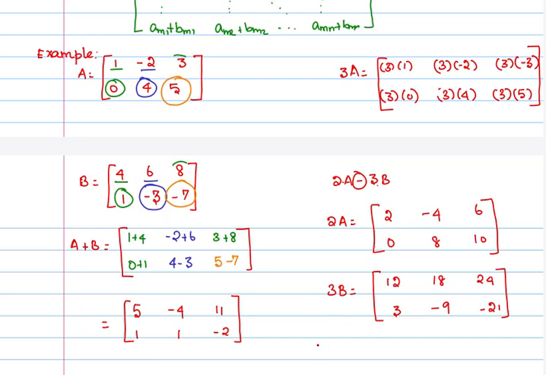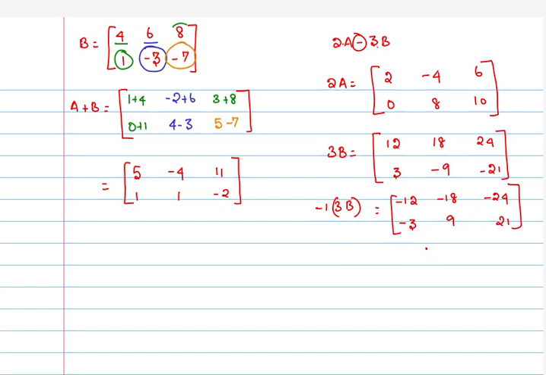I multiply 3B by minus 1, so each entry is multiplied by minus 1: minus 12, minus 18, minus 24, minus 3, plus 9, plus 21. This is minus 3B. Otherwise you multiply B by minus 3, because minus 3 is also a scalar.